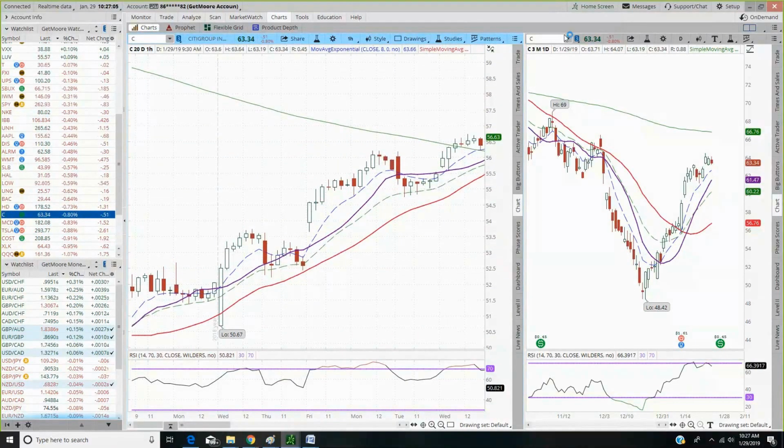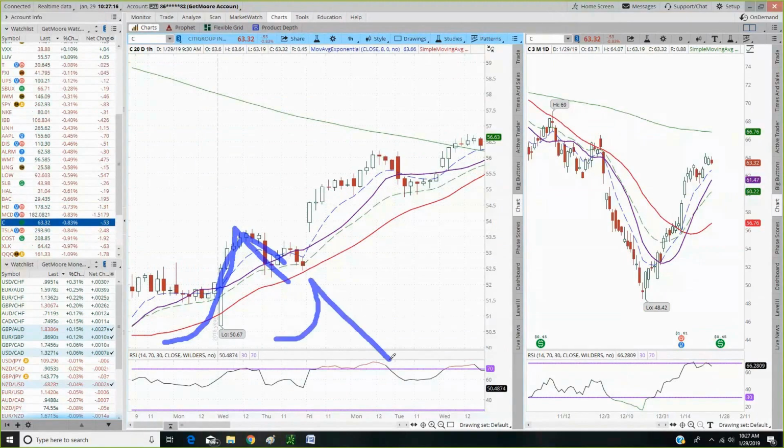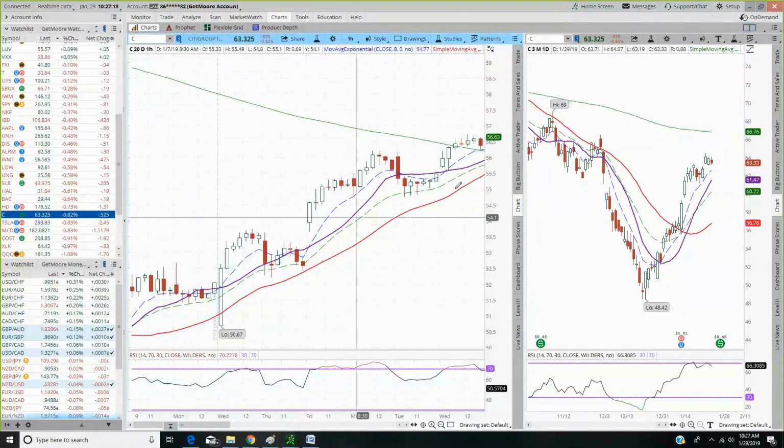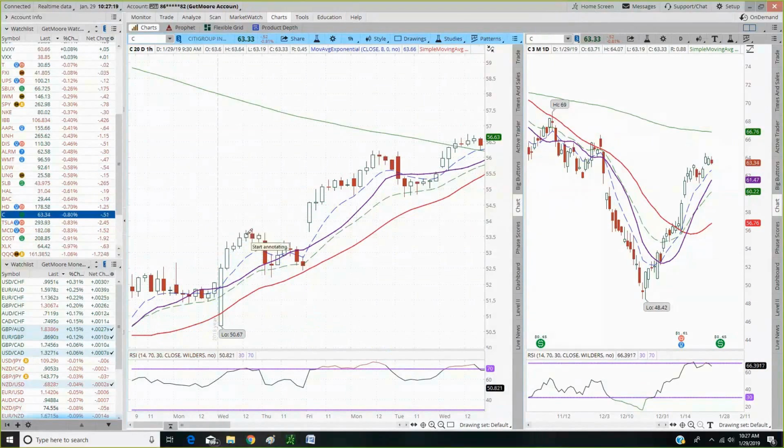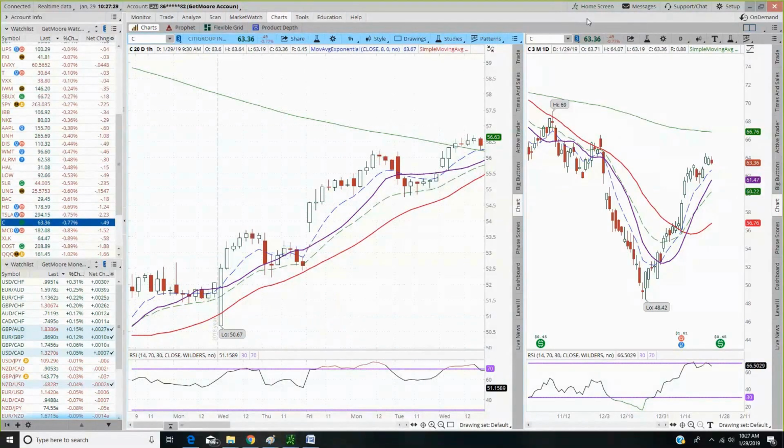You guys know, this is the picture we're looking for, right? So let's say it crosses and then pulls back. We talk about it all the time. When they cross, we're looking for that first pullback, right? When you get that first pullback, that first flag, so it crosses, price pulls back, that is your time to put on the debit vertical spread.